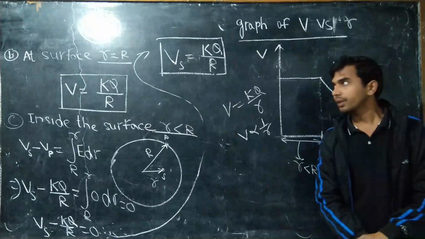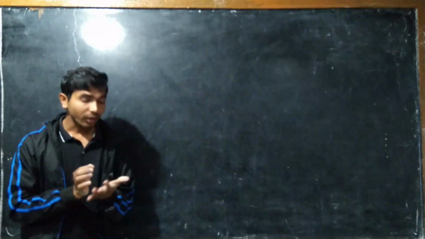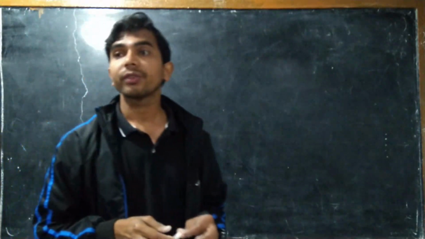So this is all about your electric potential due to a thin spherical shell. I hope everything is clear to you. Next I am going to discuss equipotential surface.